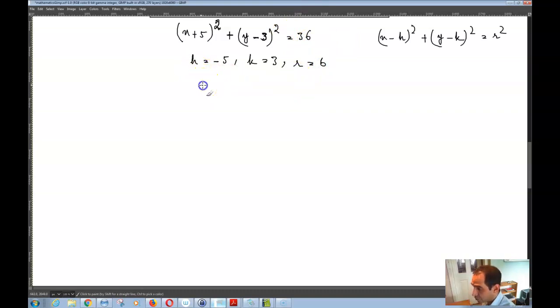So your center would be (−5, 3), and your r would be 6. So number 6 is (−5, 3) and r is equal to 6.